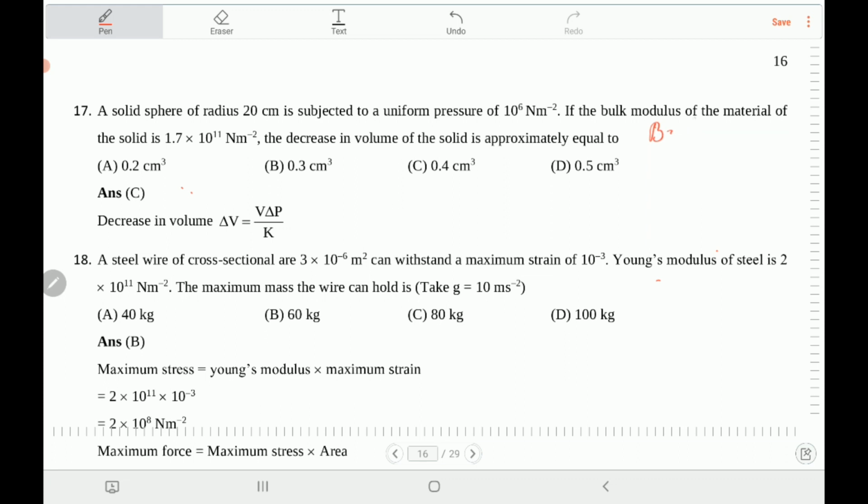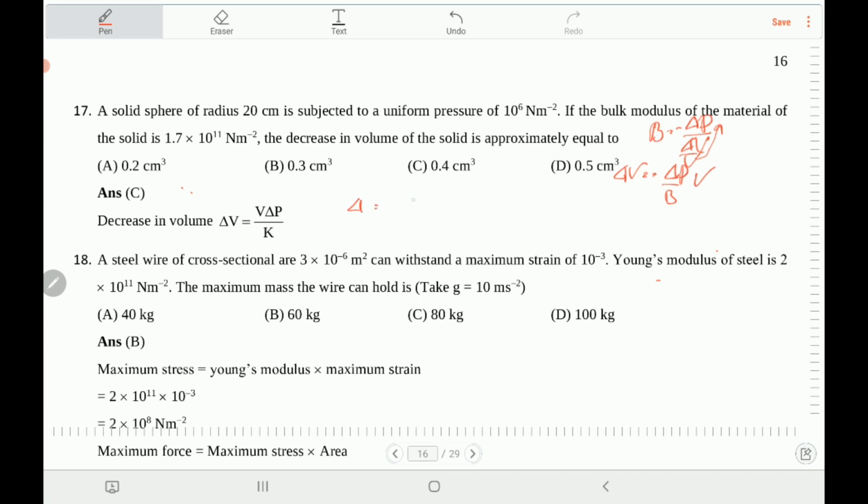B is change in pressure, or just pressure, force per unit area, stress also pressure, divided by delta V by V. What you have to find is delta V. So you bring V to the numerator. Delta P divided by B, bulk modulus, times V is the decrease actually. You should have written a minus sign. No minus sign in the options, just the value you have to identify.